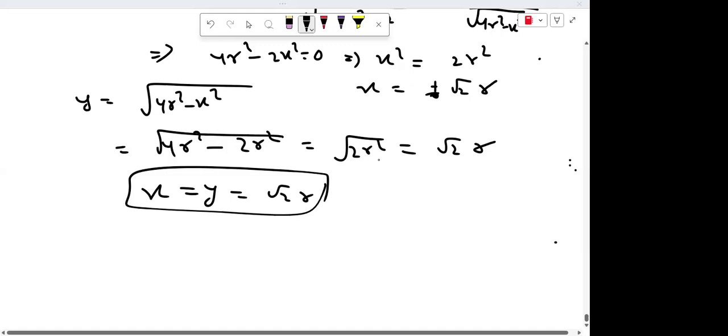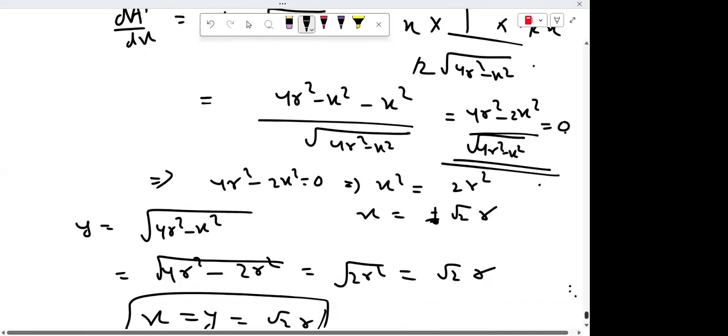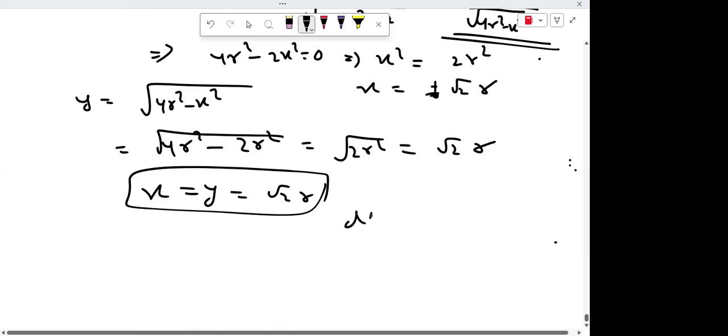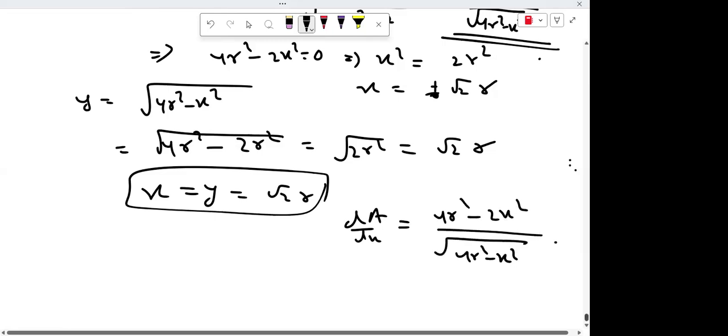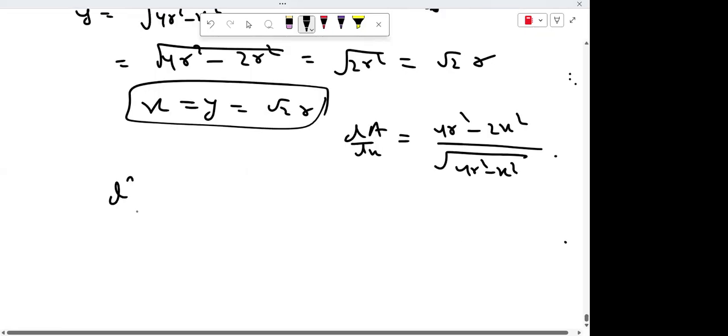Yes. But you cannot write like this. You have to double differentiate this function, which is dA by dx is 4r square minus 2x square upon root 4r square minus x square. We have to double differentiate and show that this is maxima. So d square A upon dx square will be u by v form.